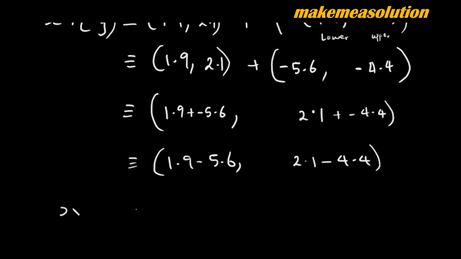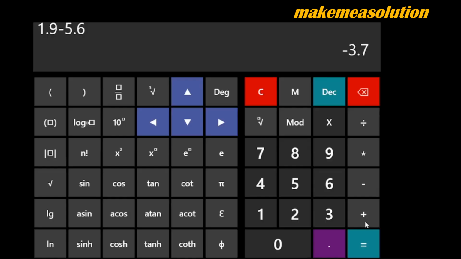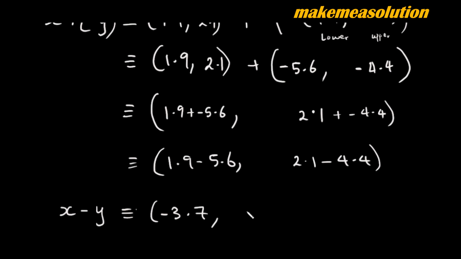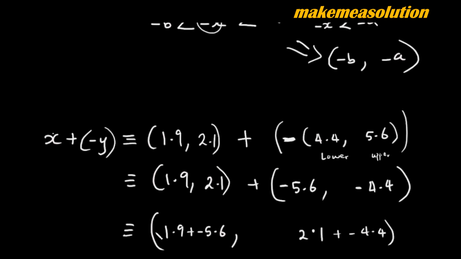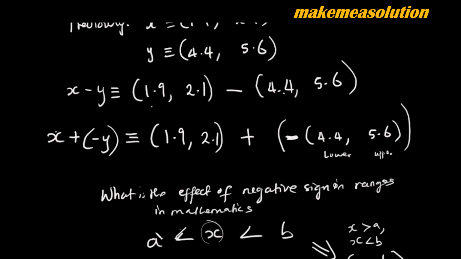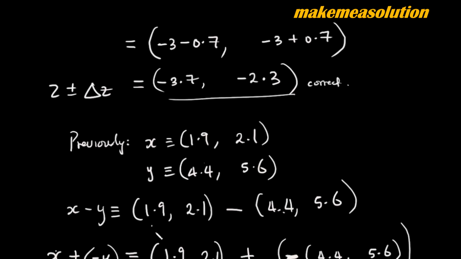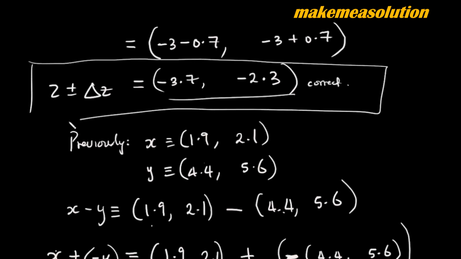So my x minus y corresponds to negative 3.7 to 2.1 minus 4.4, which is negative 2.3. So voila, this is what we got when we applied the correct version.